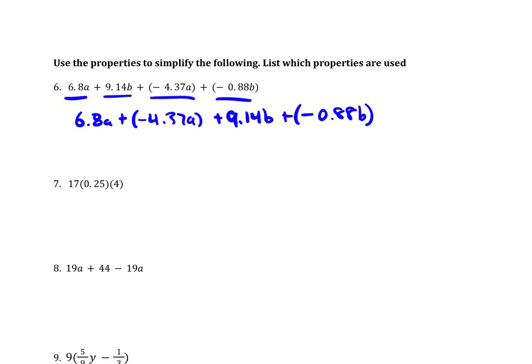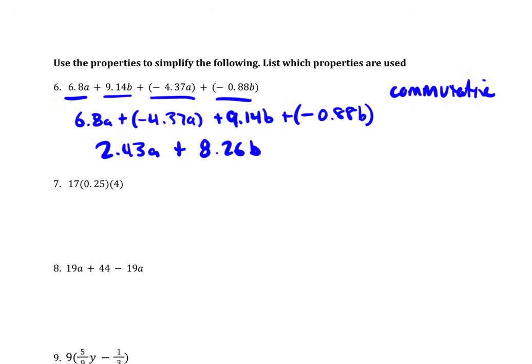I collectively put the a's together and the b's together. Why am I allowed to do that? Where it says the order doesn't matter, that's commutative. That's what I did. So that's going to be 2.43a, 9.14 minus 0.88, which is 8.26b.